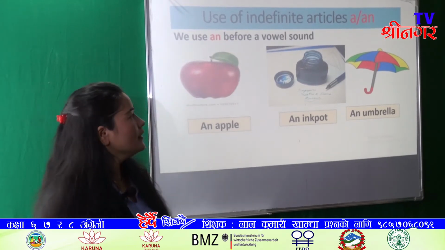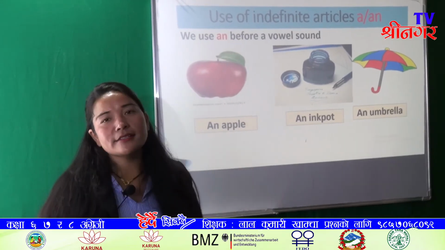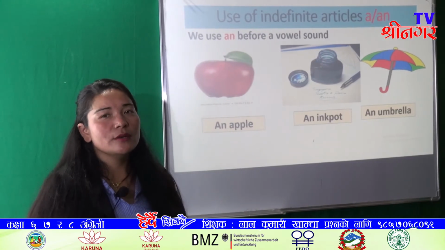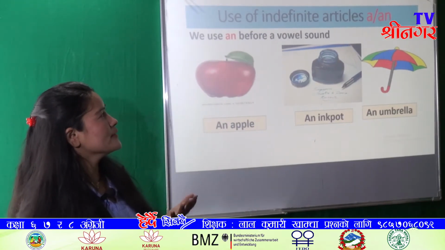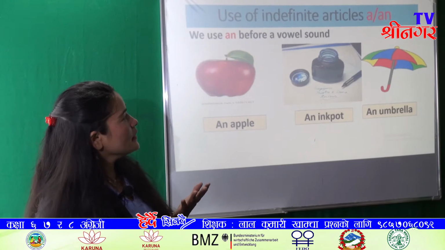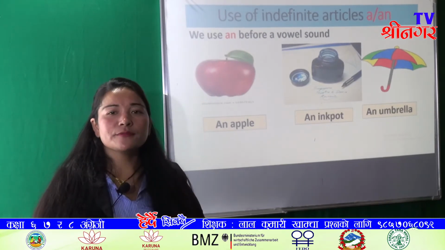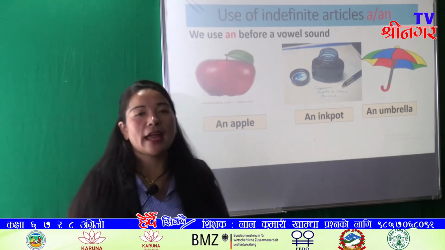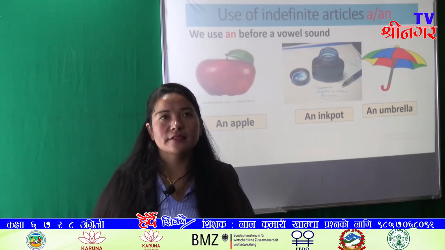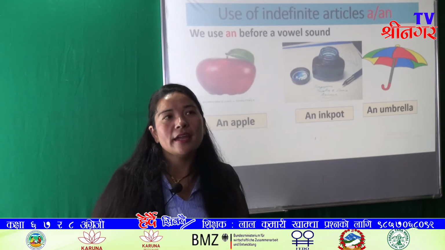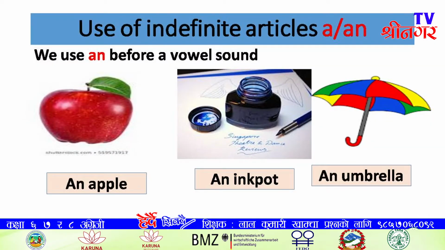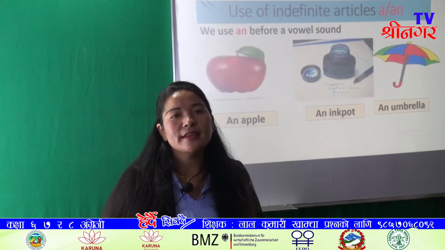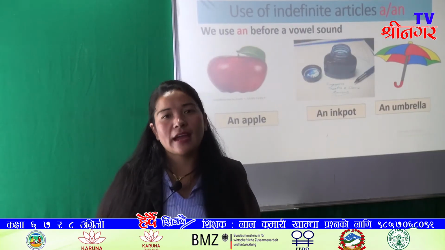Okay, and like this, can you give another example with words whose first letter has a vowel sound, like ant? Yeah, and a is a vowel sound. So we can say an ant.